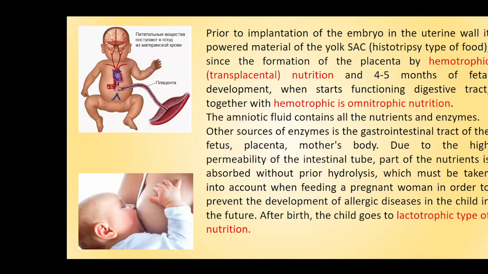Due to the high permeability of the intestinal tube, part of the nutrients is absorbed without prior hydrolysis, which must be taken into account when feeding a pregnant woman in order to prevent the development of allergic disease in the child in the future. After birth, the child goes to lactotrophic type of nutrition.